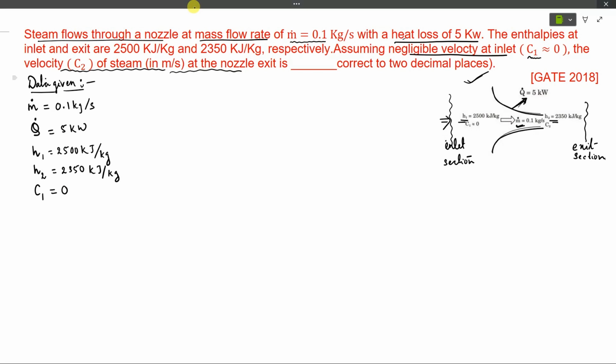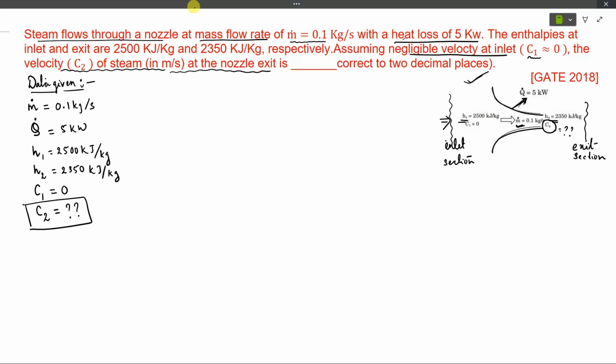It means we have to calculate this C2. So simply write down the velocity at exit as C2 equal to question mark. This we are going to calculate.